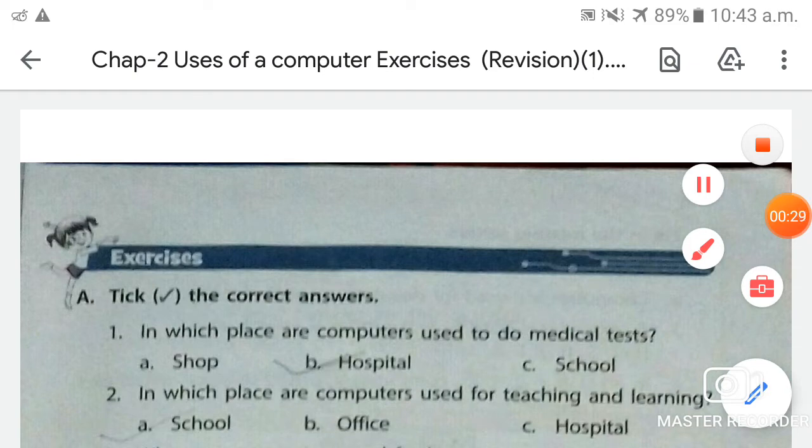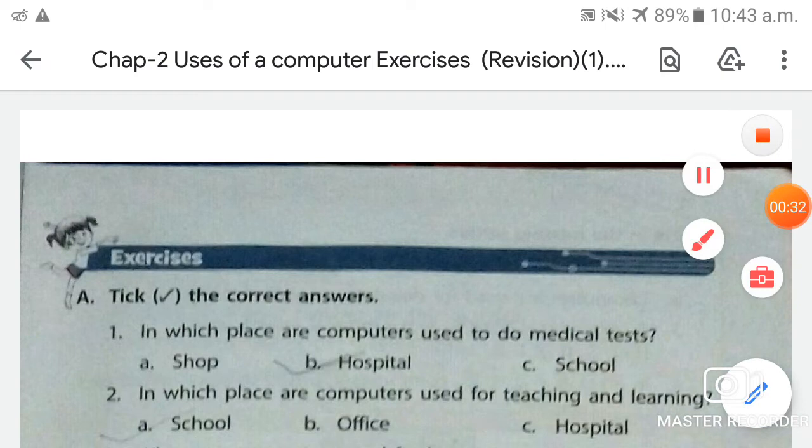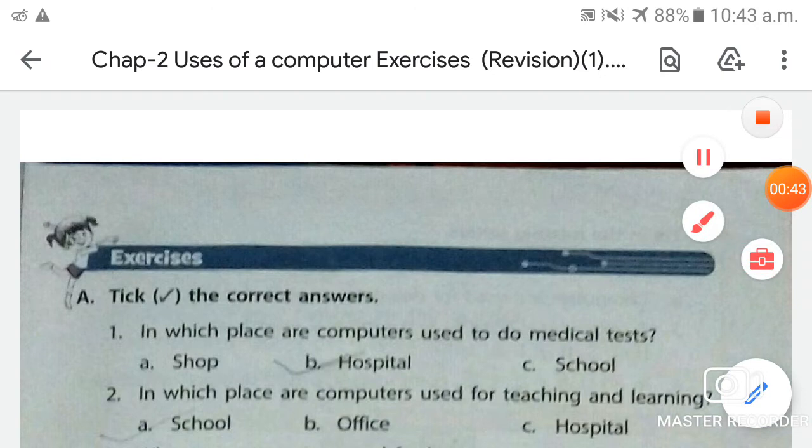Okay, so students, let's revise once what we had learned in this chapter. We had learned what the places are where computers are being used and what things we can do on a computer. We can do so many things on a computer, like appreciating a song, watching cartoons, completing a document, or keeping the records of students.